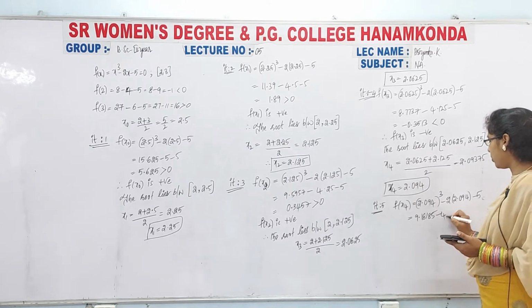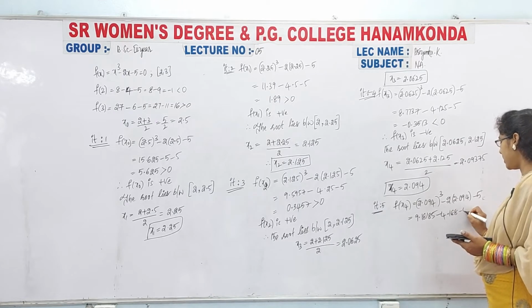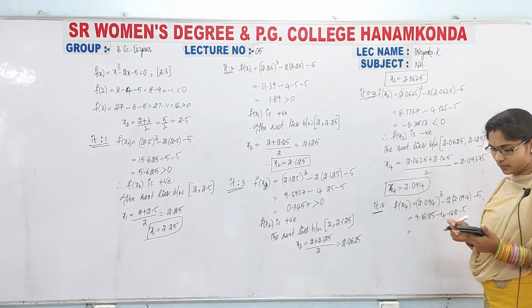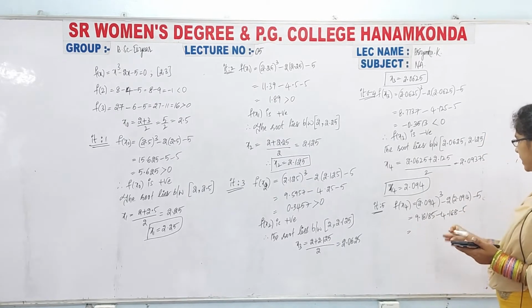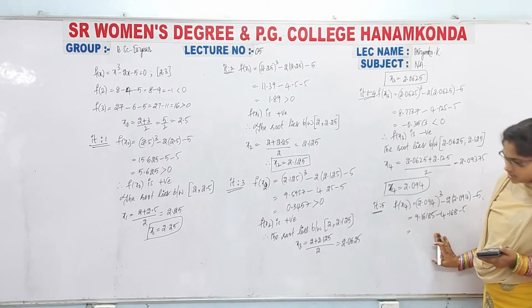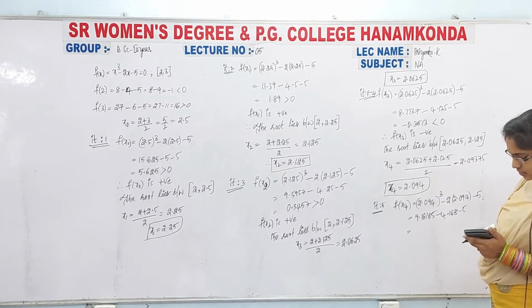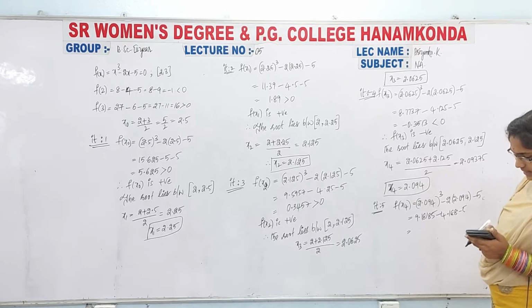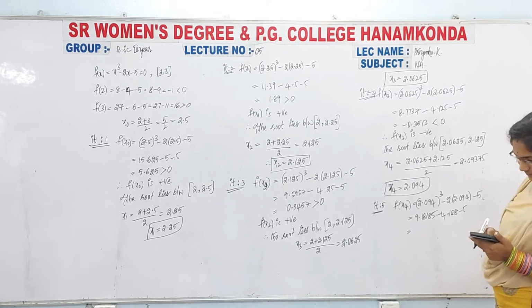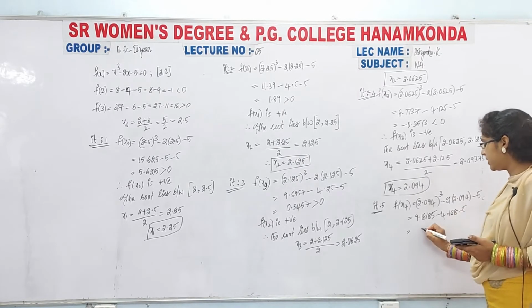Now it is 4.188 minus 5. Now what we have to do? We have to take the addition and subtraction of these. So now here what we get? 9.18185 minus 4.188 minus 5.